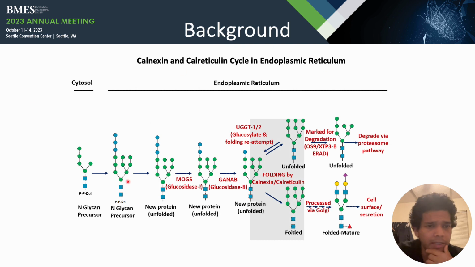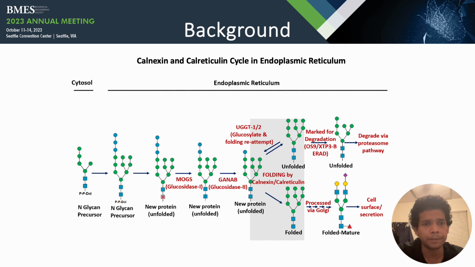So what happens in this case is that the N-glycan precursor enters the endoplasmic reticulum, and the addition of the three glucose saccharides takes place.